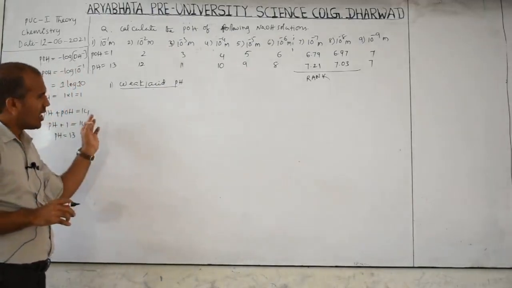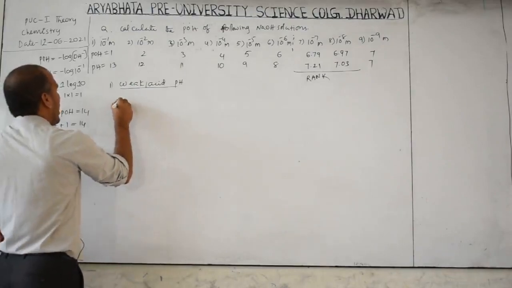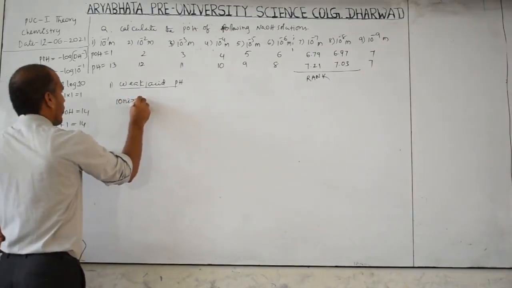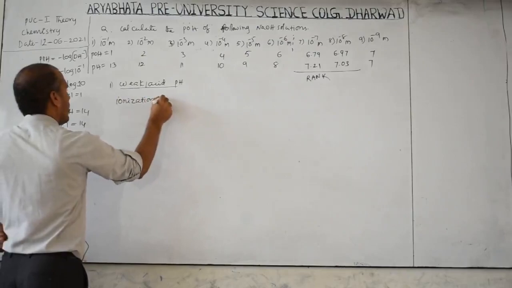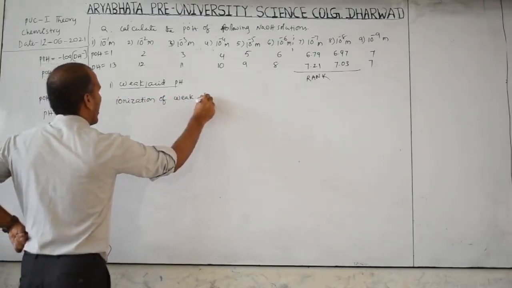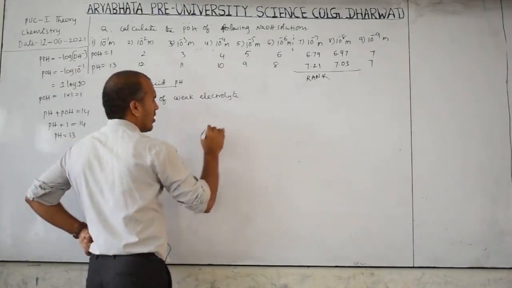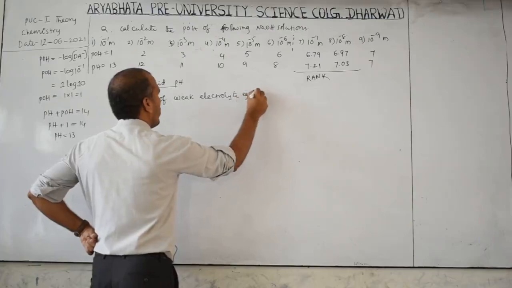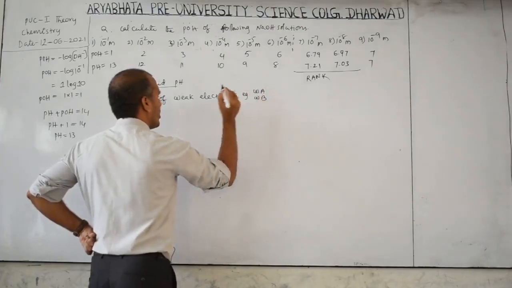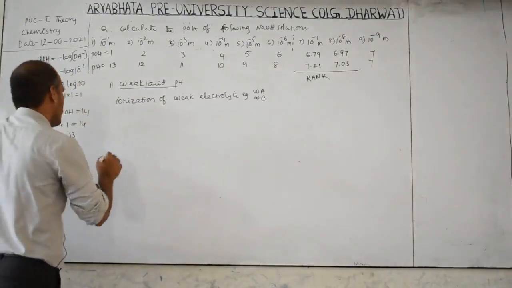Before going to calculate the weak acid pH, we should know the ionization of weak electrolytes. What are the weak electrolytes? Examples are weak acid and weak base. So first I will discuss the weak acid.